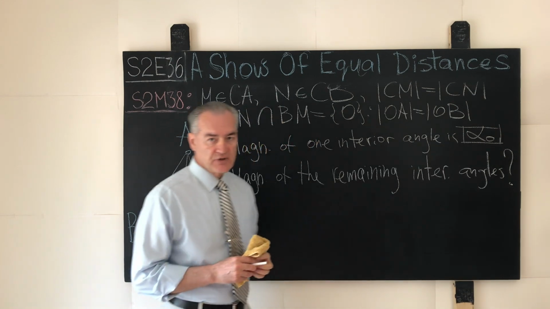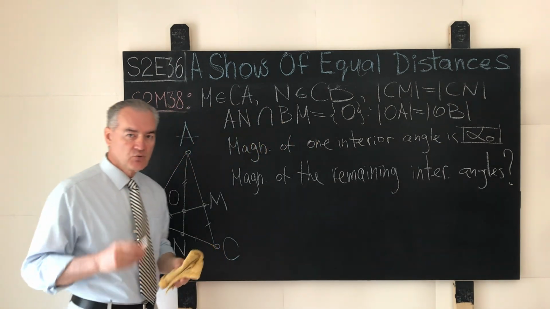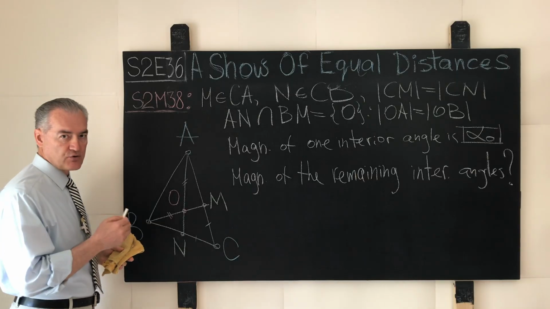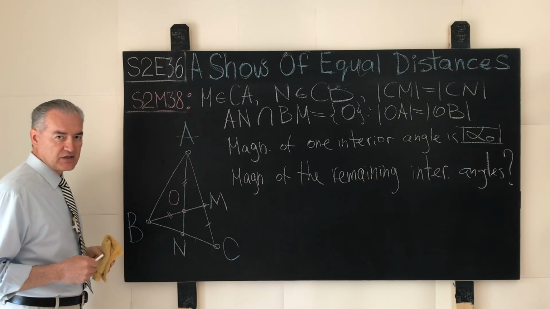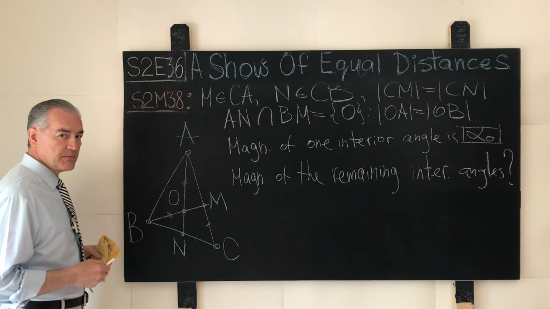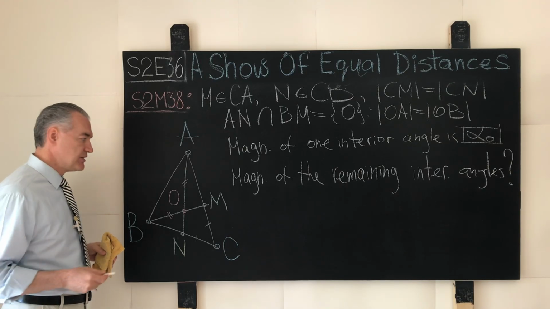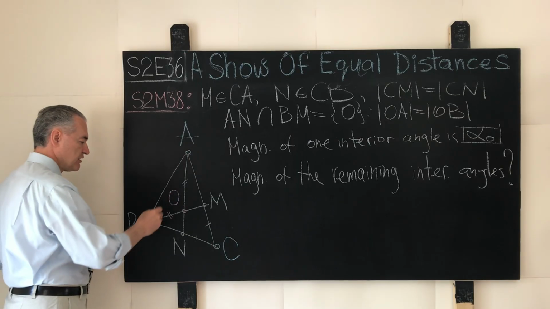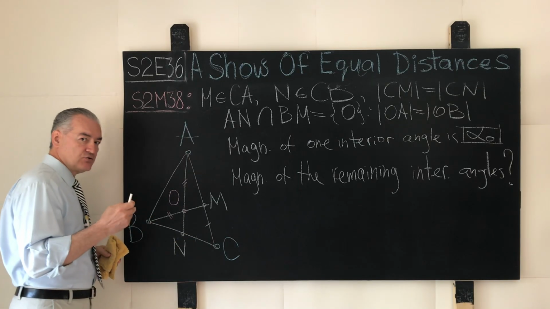We're also told that the magnitude of one, which one is not specified, the author of the problem apparently left this specification out, and we're told that the magnitude of only one interior angle of the parent triangle ABC is known ahead of time.